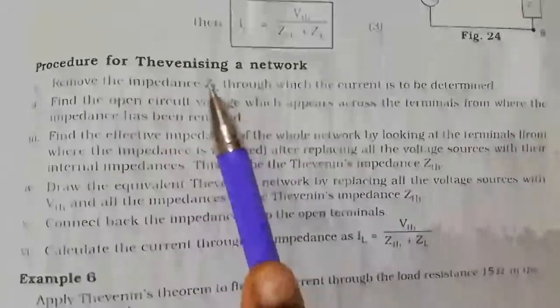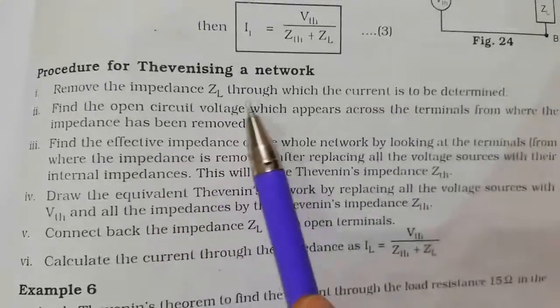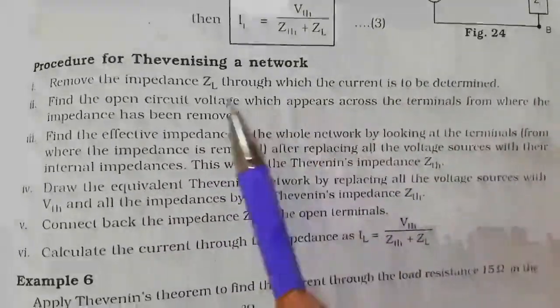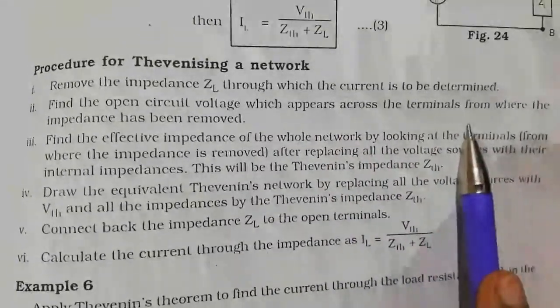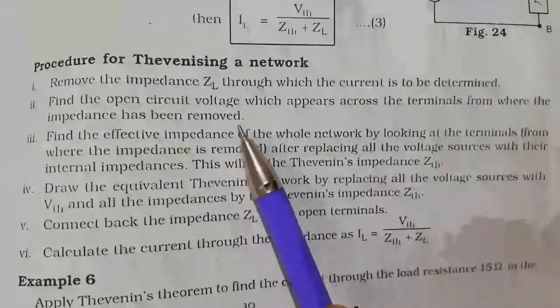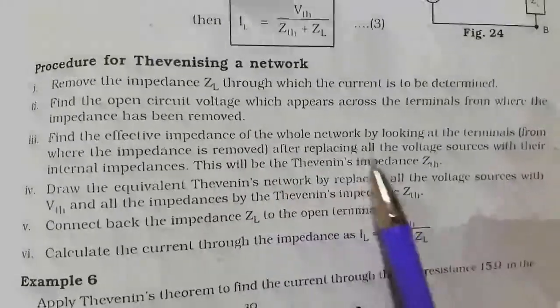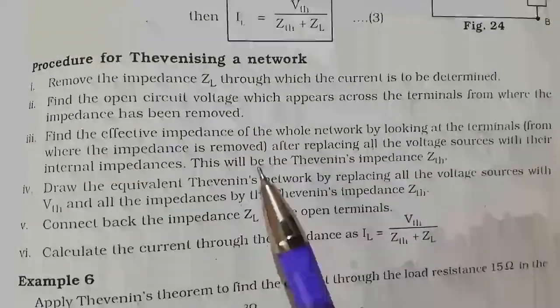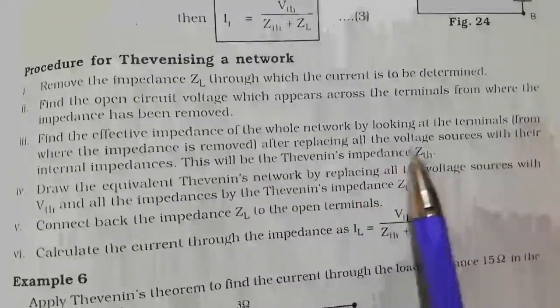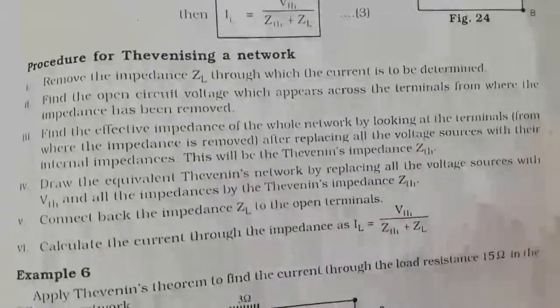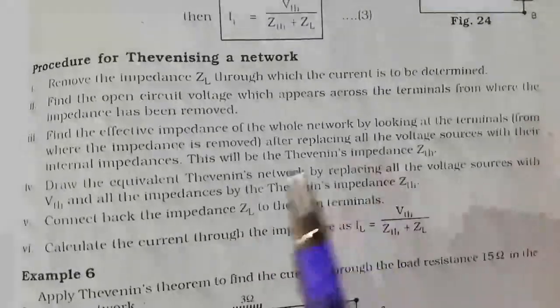So, steps for Thevenizing a network. Remove the impedance ZL through which the current is to be measured. Find the open circuit voltage that appears across the terminals from where the impedance has been removed. Find the effective impedance of the whole network by looking at the terminals from where the impedance is removed, after replacing the voltage sources with the internal impedances, that is Thevenin's impedance.